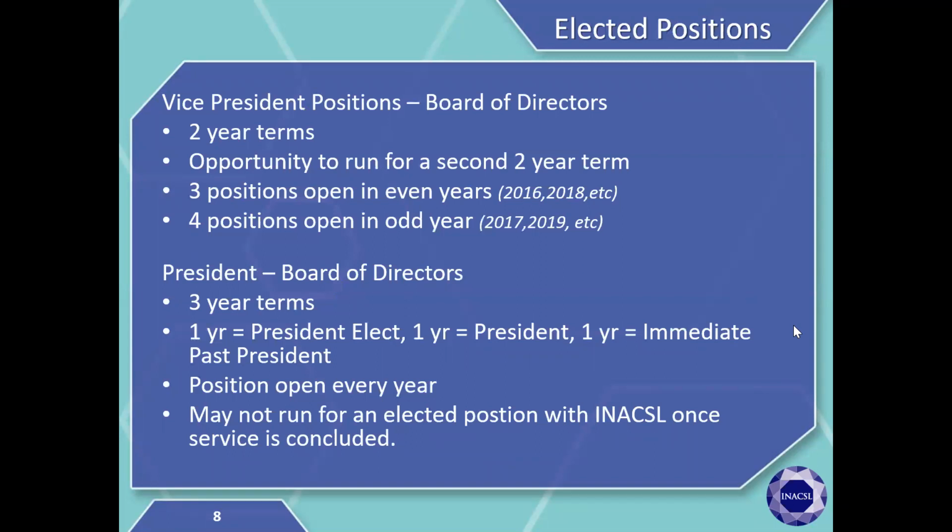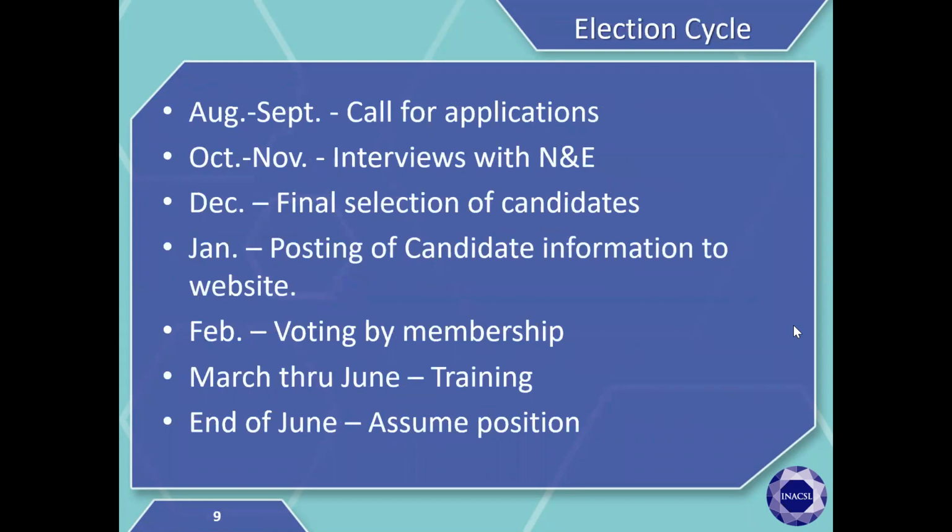So a little bit about the election cycle, in case you're interested in running for an elected position. We do a call for applications in the fall, and that is followed by an intense interview process as well as vetting of the candidates. And then the Nominations and Elections Committee makes their final selection of candidates in December. That information is posted for members to review in preparation for elections in January.